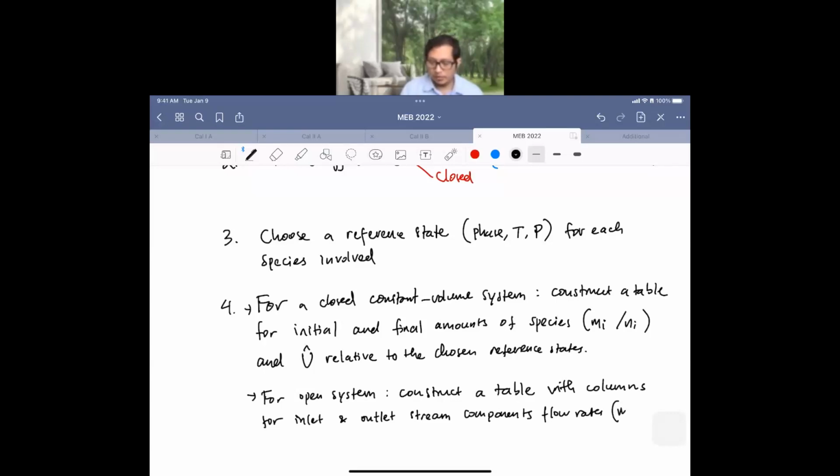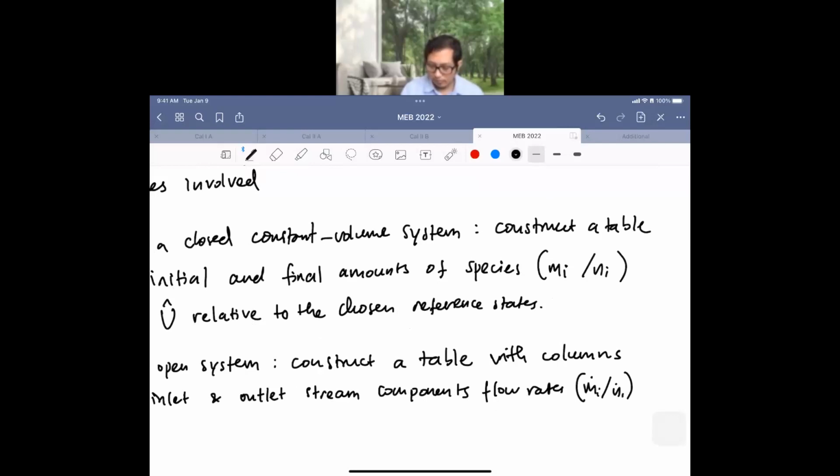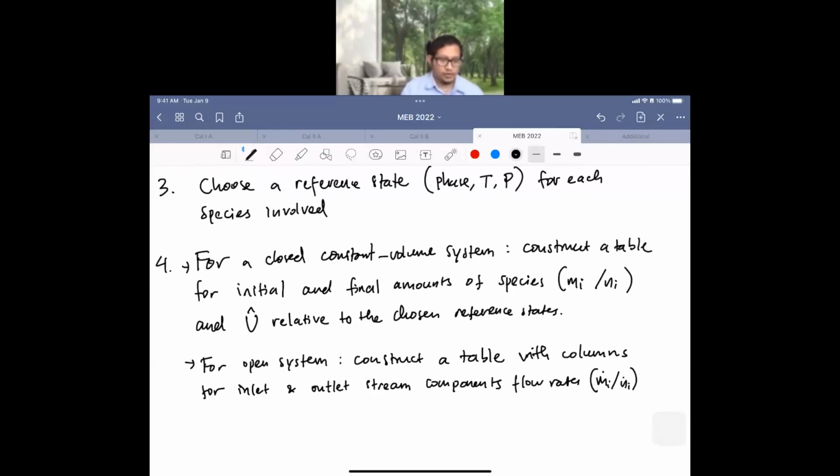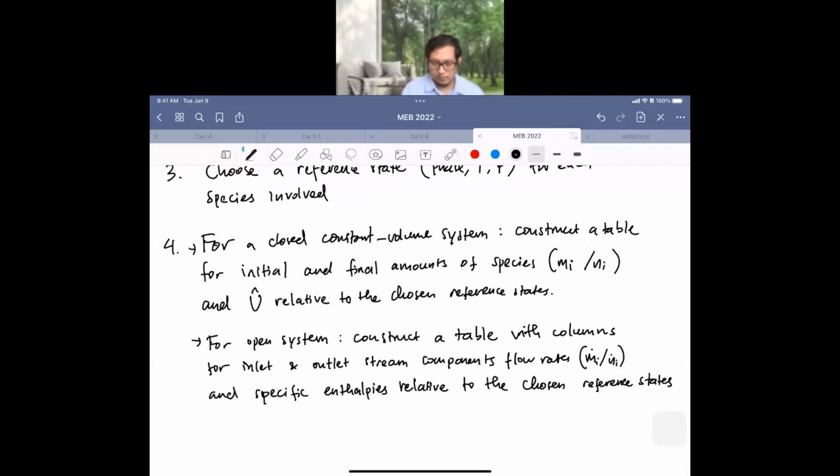So it can be mass or mole. Okay, and specific enthalpy relative to the chosen reference states. So both are constructing a table.